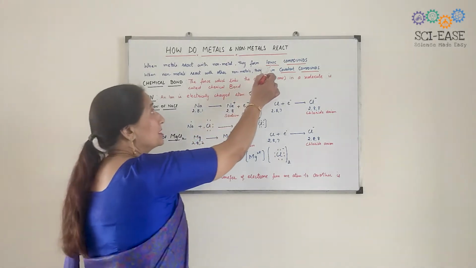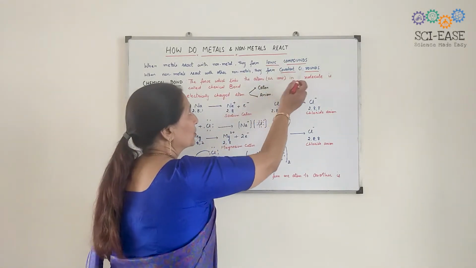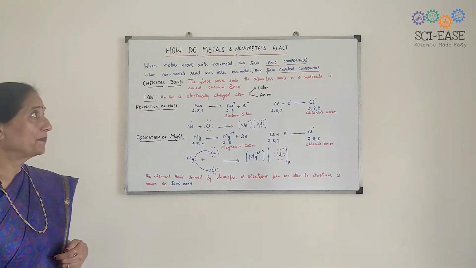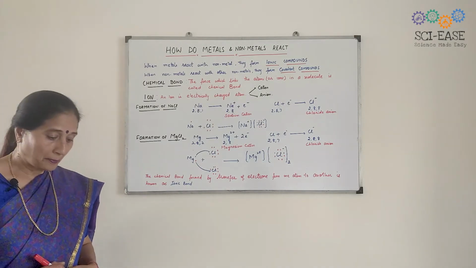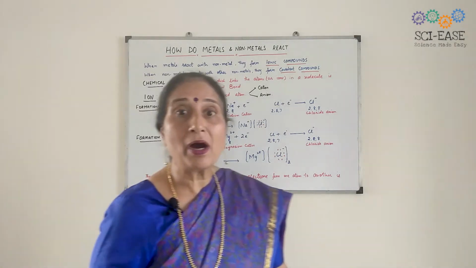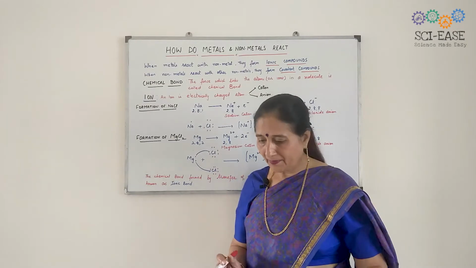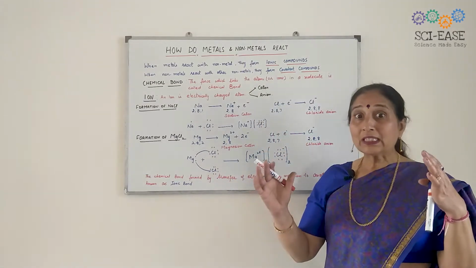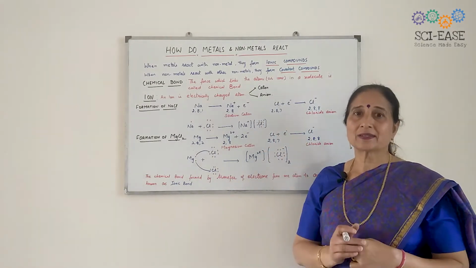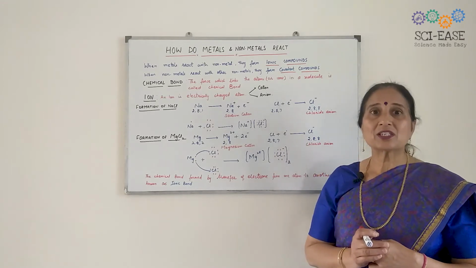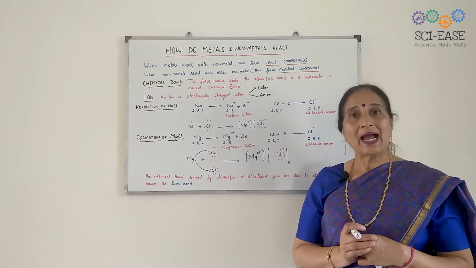So two terms, the ionic compounds and the covalent compounds, are there. How are these compounds formed? What are the attractive forces which exist between the atoms?